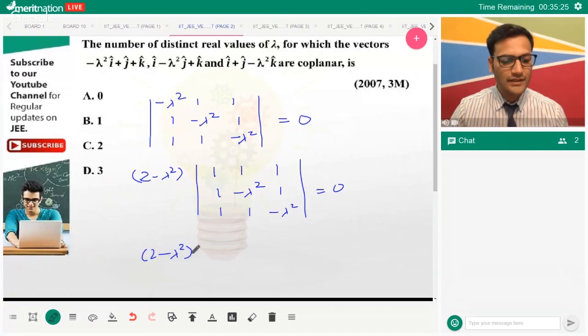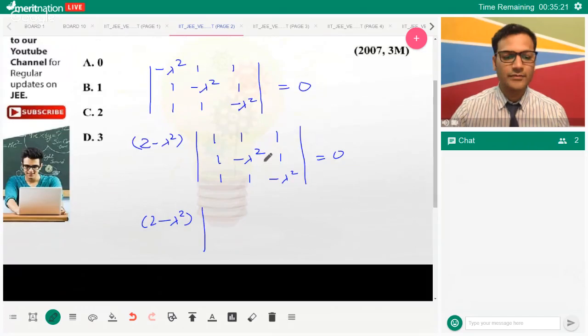Now, we can again subtract the rows. From the second row, we can subtract the first one. From the third one, we can subtract the first one. This will be the best method in my opinion, Suraj. So I hope this would work with you as well. So over here, this will be 0. This will be 0, minus lambda squared minus 1.